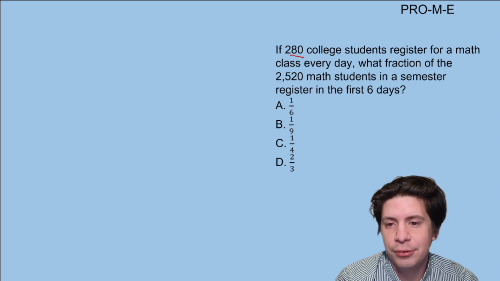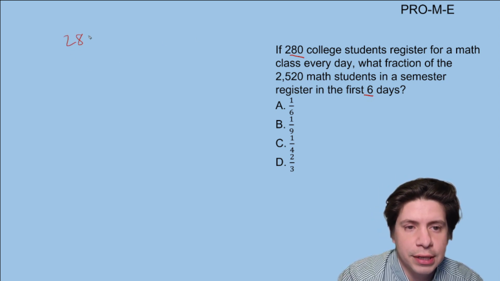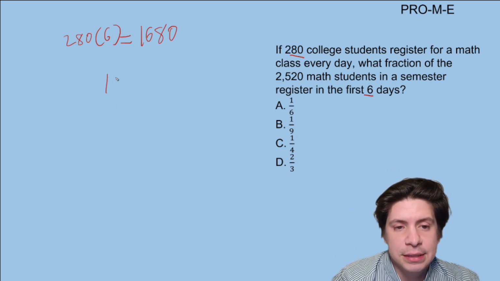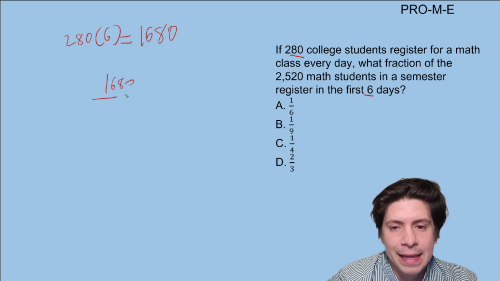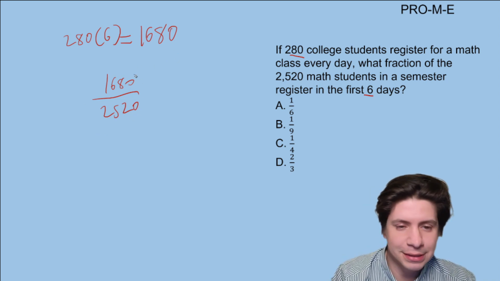So if it's 280 per day and we have 6 days, we can find the total by doing 280 times 6, and that's going to give us 1,680. And then we're going to take 1,680 and divide it by 2,520 to find the fraction of people who registered, right? So it's not asking for probability, but it works the same way.